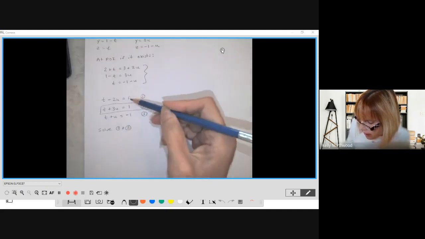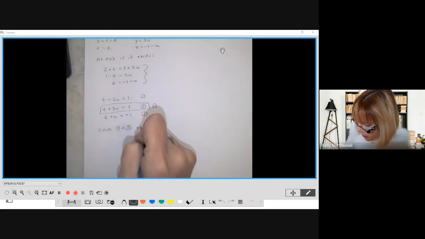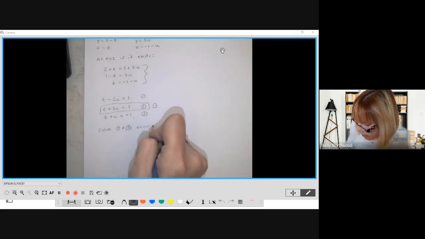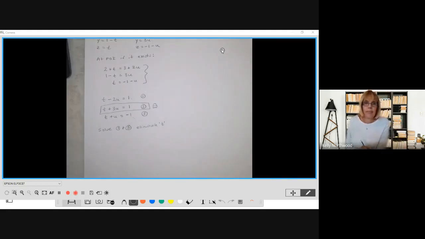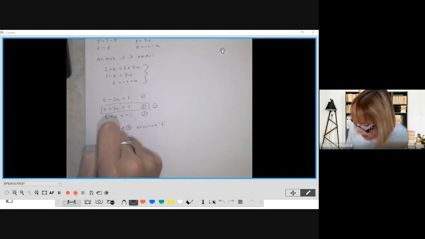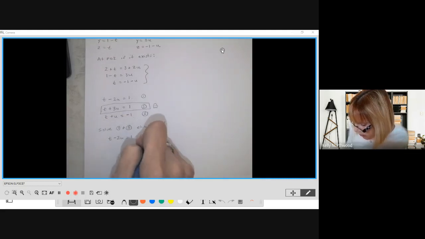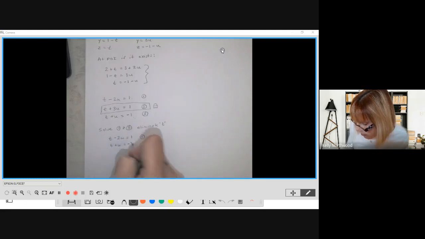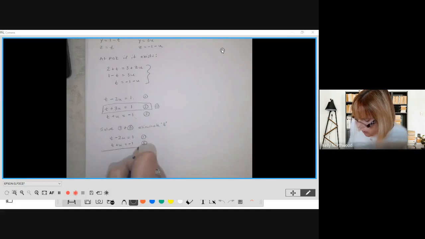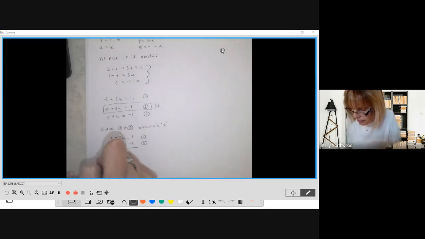And if I look at 1 and 3 right now, they both just have a plain t, so I can eliminate t right away. And I don't even have to do anything. I don't have to multiply either of the equations by anything. This is equation 3. And to eliminate t, I'm going to have to subtract because they have the same sign.